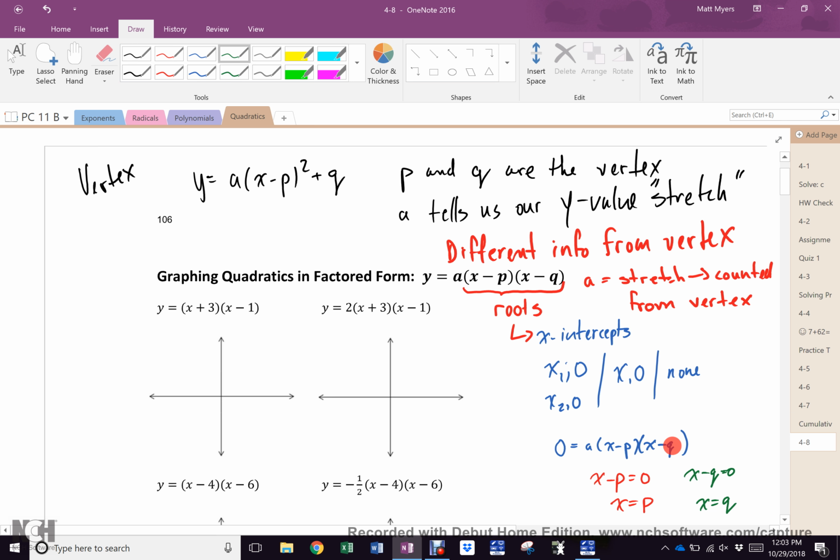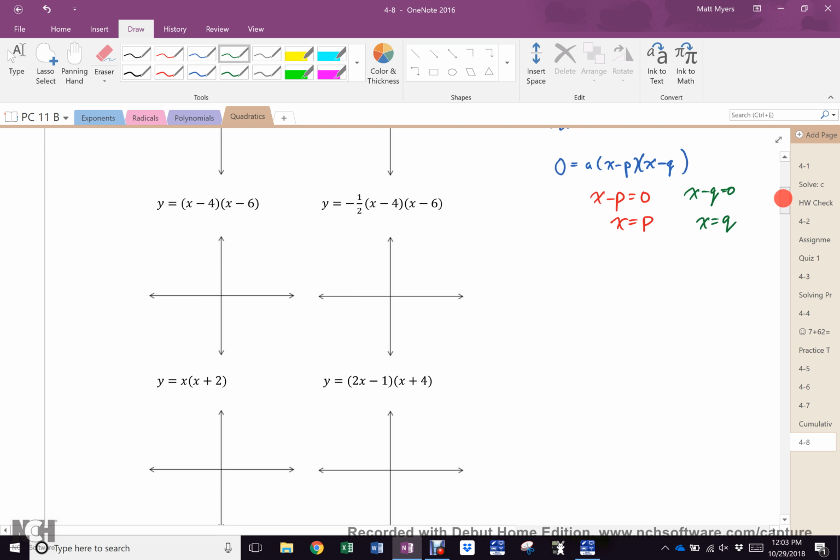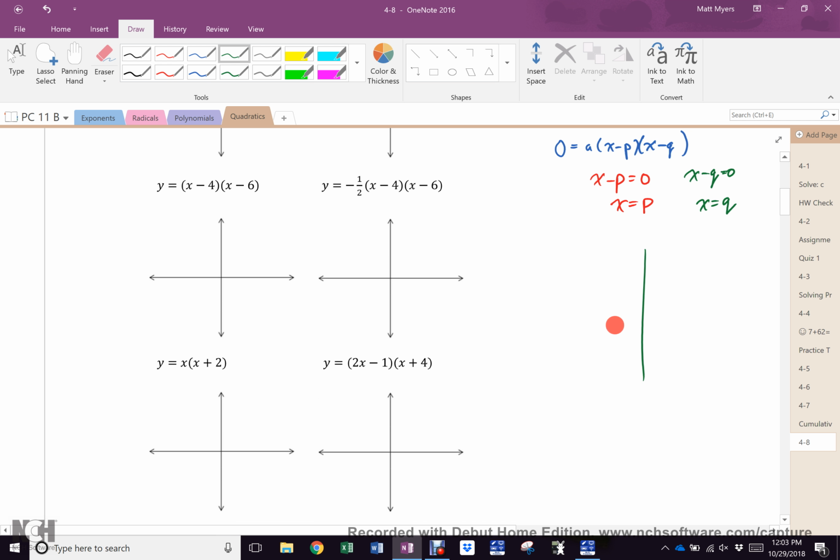Yes? Now, we all know that will give me two dots that live where? On the x-axis. So I would have a p and I would have a q.